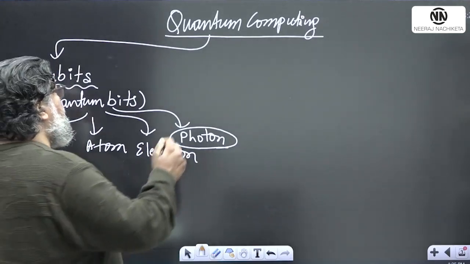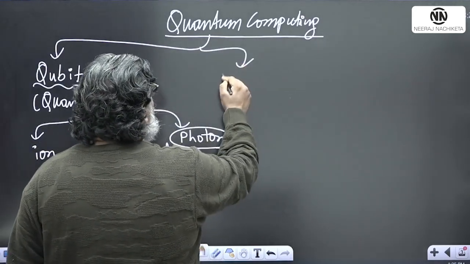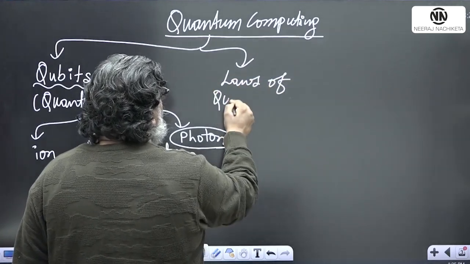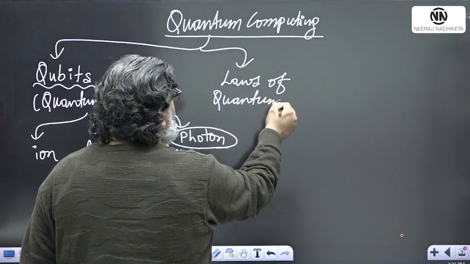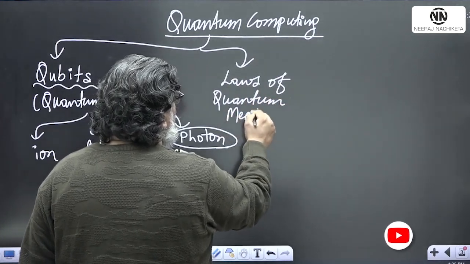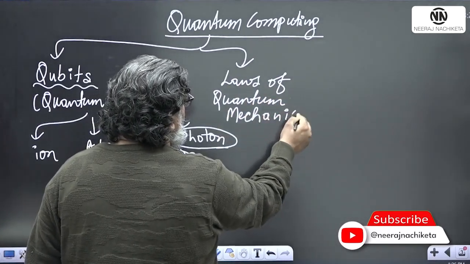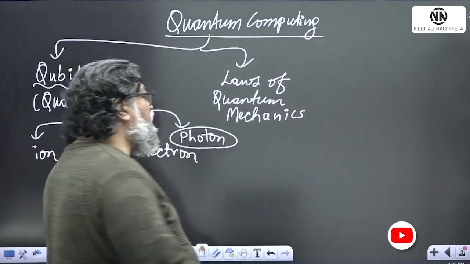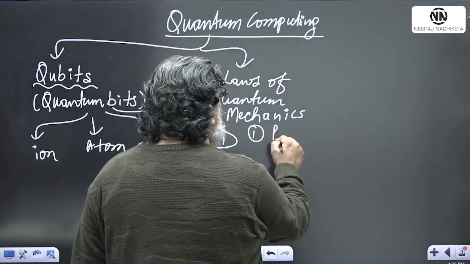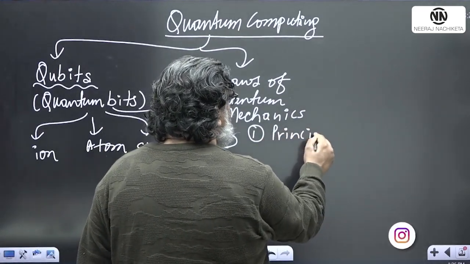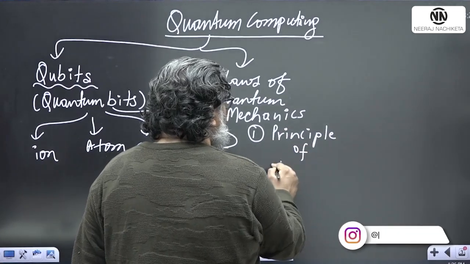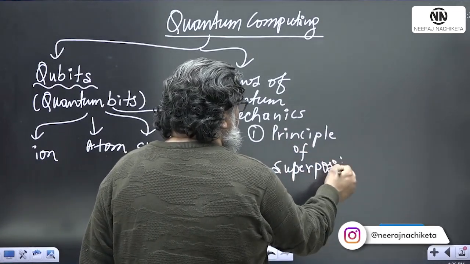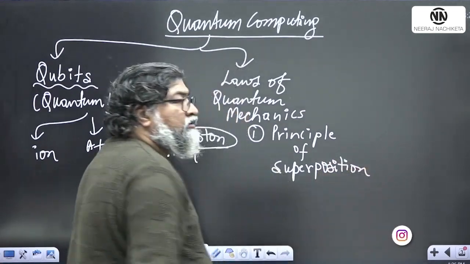Now what is the second thing here? The laws or principles of quantum mechanics which these qubits follow, right? The first thing it follows is called the principle of superposition. What do you mean by the principle of superposition?